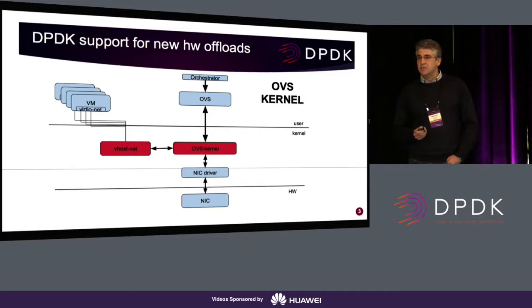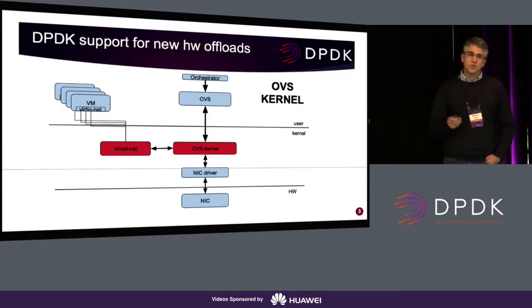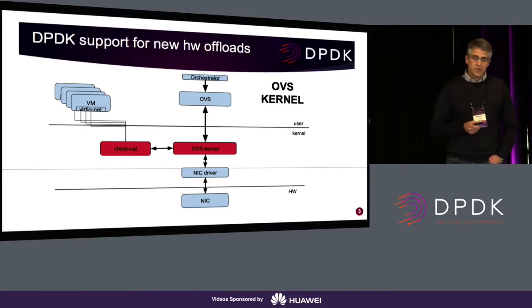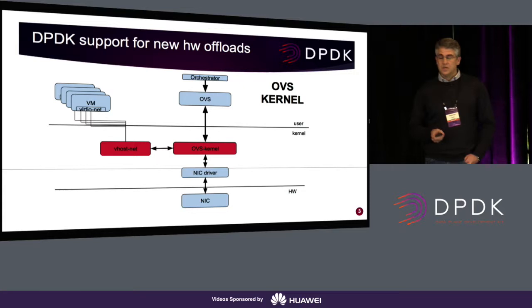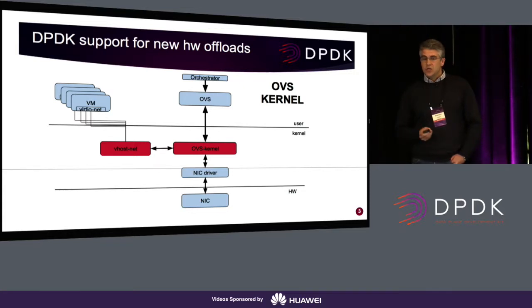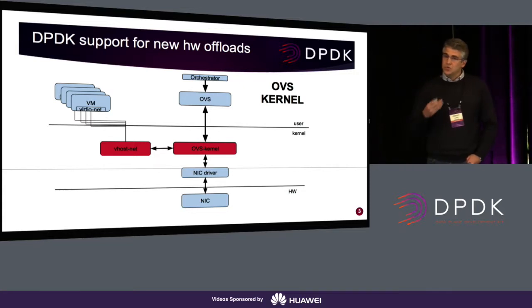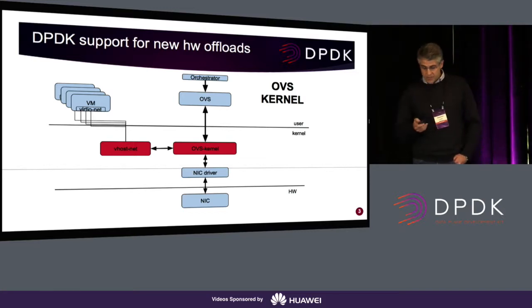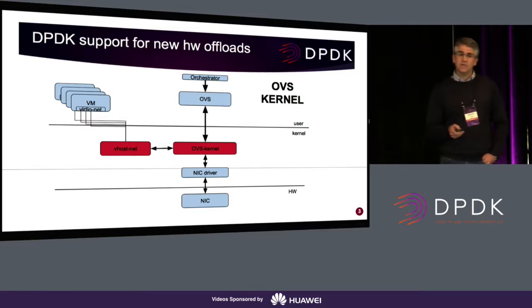This is not the best solution when you work with 10, 40, 25, 100 gigabit cards, because those limitations don't allow you to get all the possibilities in the hardware. So with OVS DPDK, you can solve that problem.